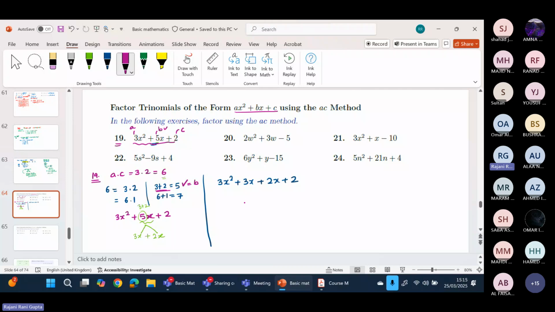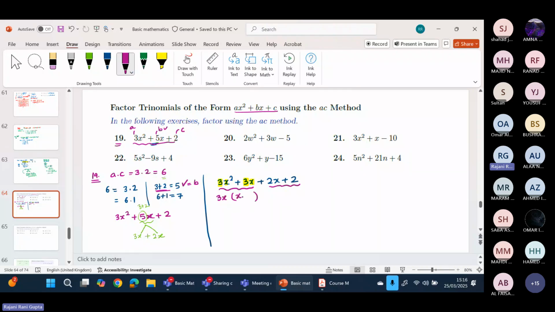Now you make the factors by grouping. You group these two terms, you group these two terms. So you see the greatest common factor here. You can take this 3 outside and even one x. So if you take this 3x outside as a common factor, what you left in the first term?